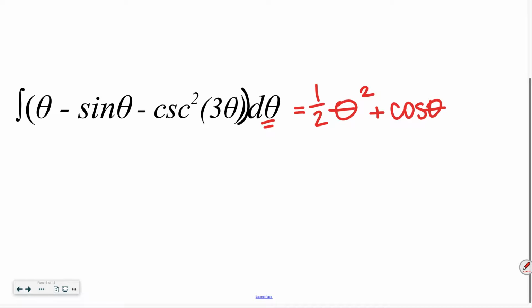Well, the antiderivative of cosecant squared would be negative cotangent. So this would turn to a positive cotangent of 3 theta. But since that 3's inside, we have to counteract with the 1/3. I'm going to write like a kindergartner, plus c. There we go. I ran out of room, sorry.